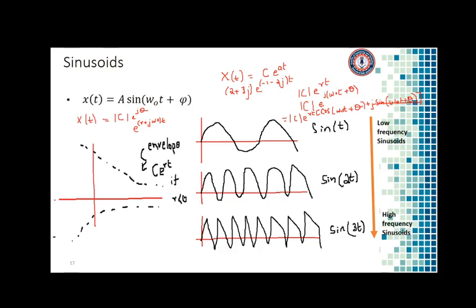What that means is that if this is the decreasing exponential, the real part of the signal is some cosine oscillating within this envelope like this. If r equals 0, then I do not have any decay at all, just a regular cosine or sine. But if r is negative or positive, then I have an envelope.